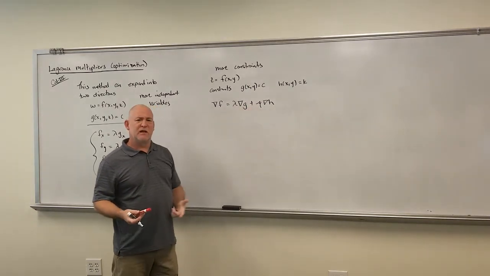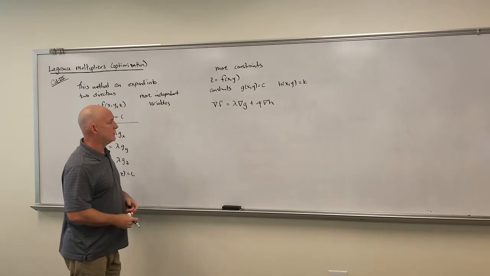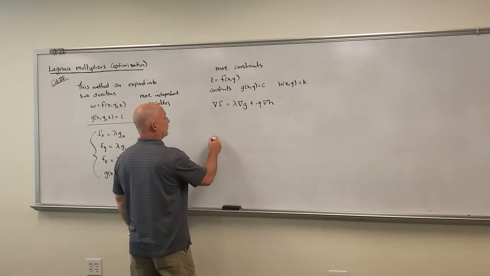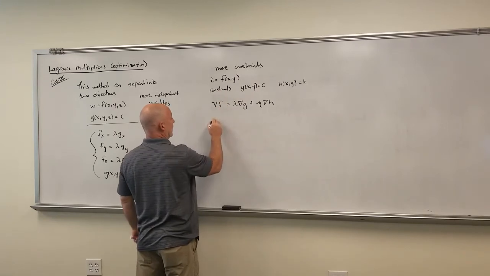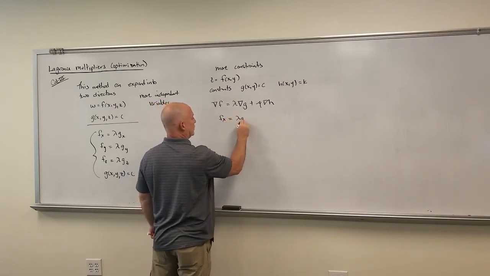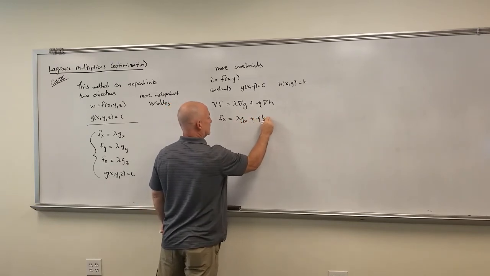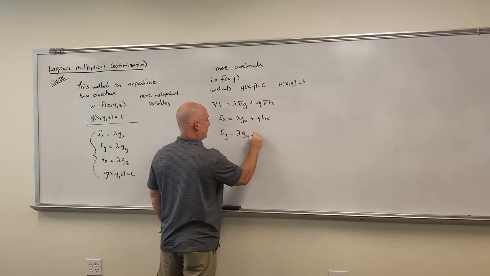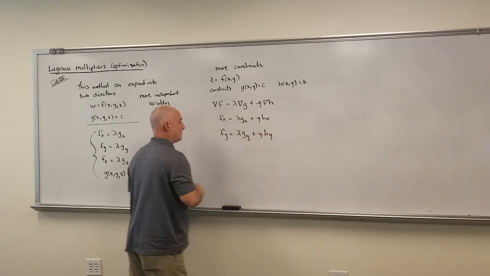Mu is generally the second one we use. If you write this out, since we have 2 variables, this would be f sub x is equal to lambda g sub x plus mu h sub x, and f sub y is equal to lambda g sub y plus mu h sub y.